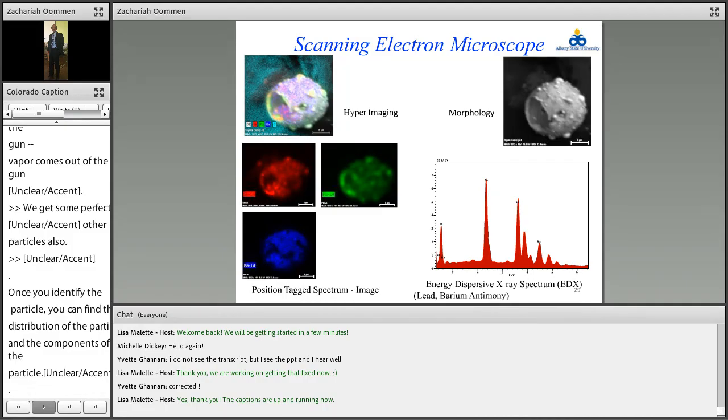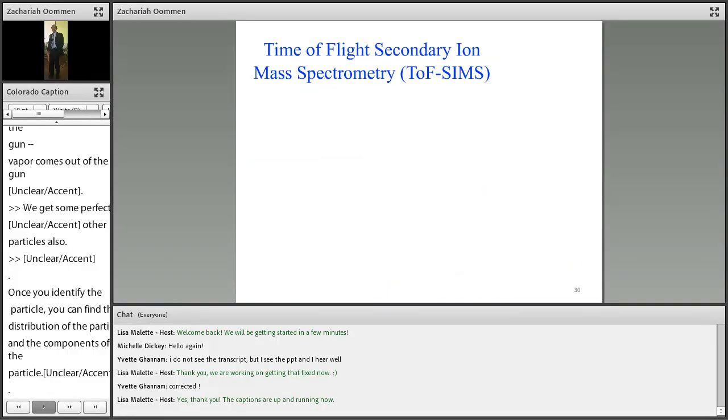And to check the authenticity of the experiment, I also tried carbon, and you can see that the carbon area is completely blank. That means carbon is not present in those areas, only lead, barium and antimony. Once I do this experiment in the scanning electron microscope, I can do the same particle on a time of flight secondary ion mass spectrometer. I can put the sample in the time of flight secondary ion mass spectrometer.